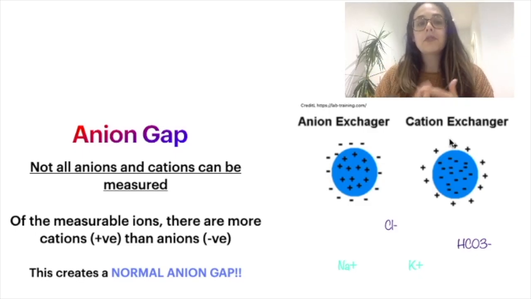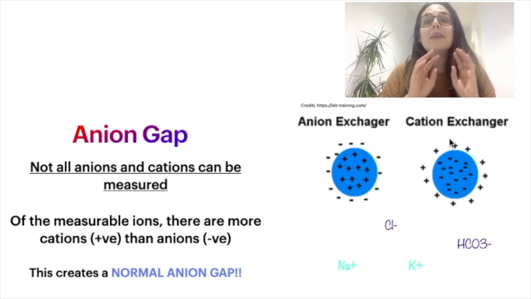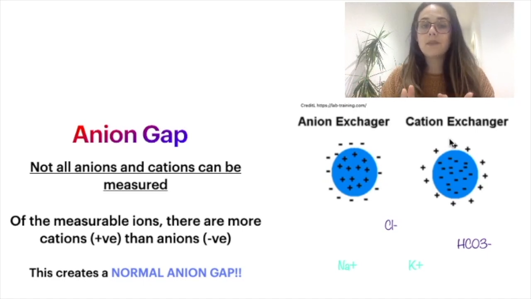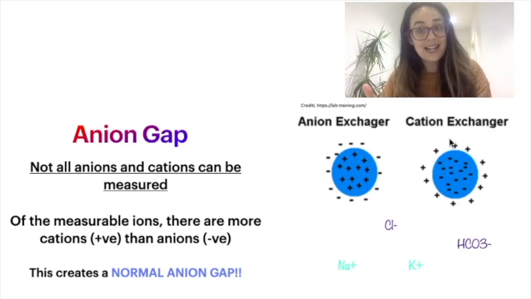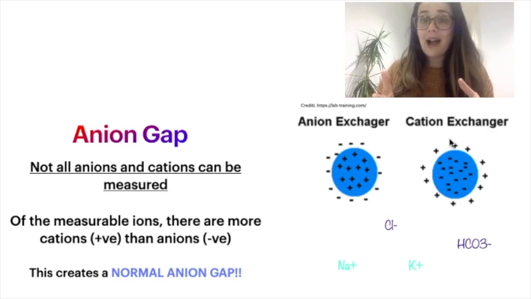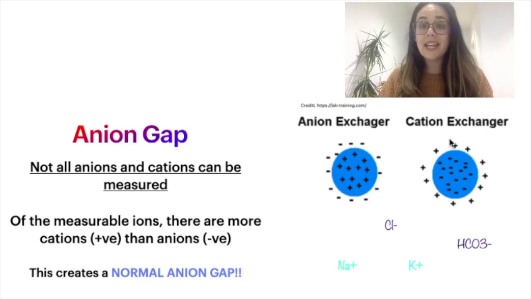Of the unmeasurable ions, we can measure more cations than we can anions. And this is what gives us a normal anion gap, because we can't measure as many anions as we can cations. So we get this normal gap. That's nothing to do with the pet being sick, there's nothing wrong with the pet, we just simply can't measure them.